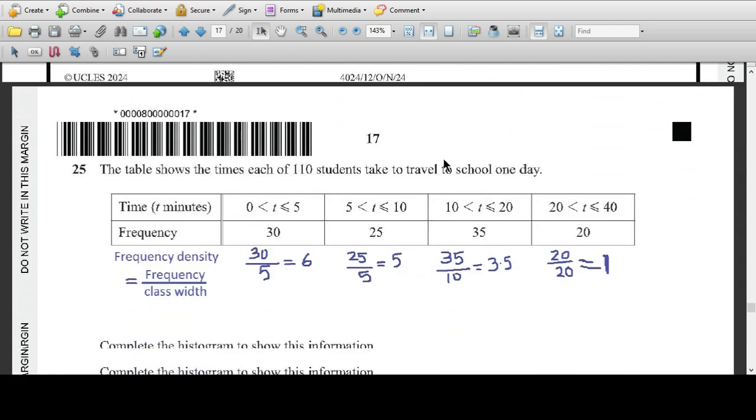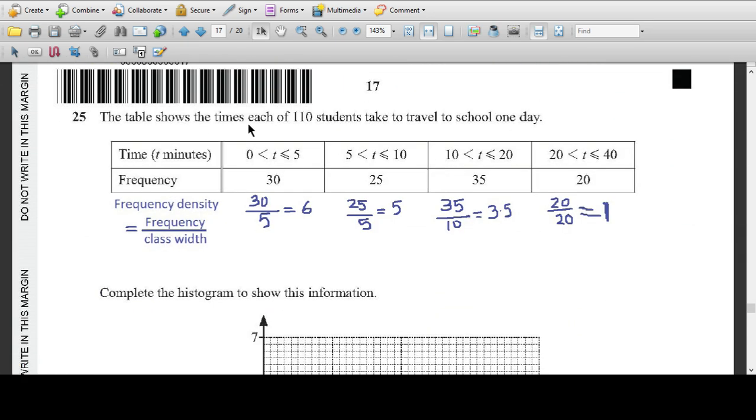Now question number 25. The table shows the time each of the 110 students take to travel to school one day. For 0 to 5, 30 frequency. For 5 to 10, 25. 10 to 25, the frequency is 35, and 20 to 40 is 20.